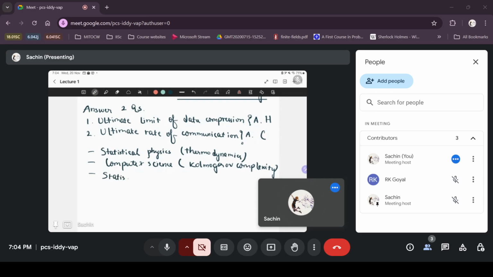And statistical inference. There's a principle called Occam's razor. It says that if there are multiple explanations or multiple possibilities for something, then the most likely possibility to occur is the simplest one, some principle like that.